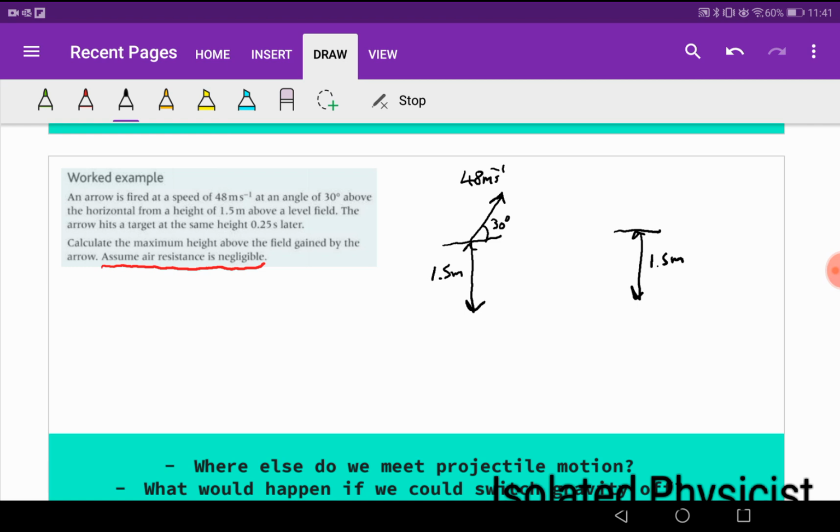So let's work out the triangle first. Just double check it. So that's 30 and that's 48. So this is going to be 48 sine 30, 48 cos 30. So let's do our SUVATs in the horizontal plane and the vertical plane.